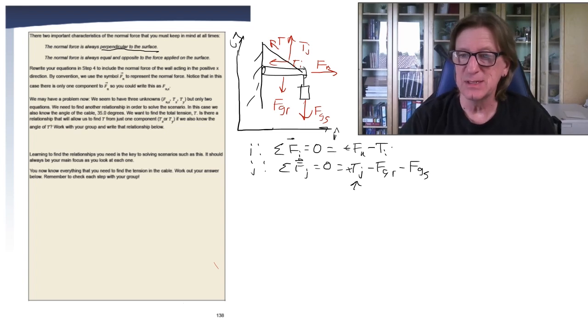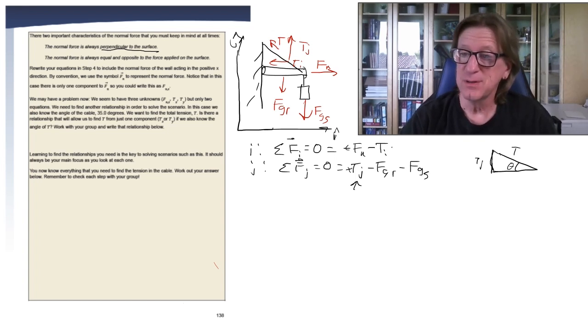Let's see if that makes sense. So I know, let's draw our triangle here. I know this angle right there. And if I knew what this Tj was, could I get T?